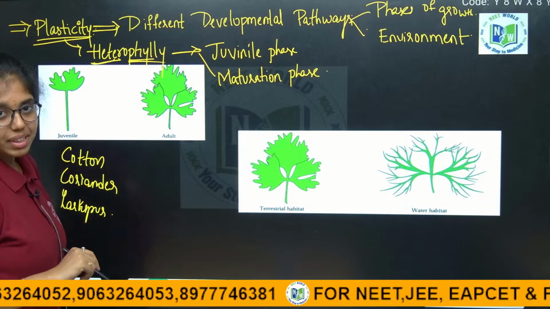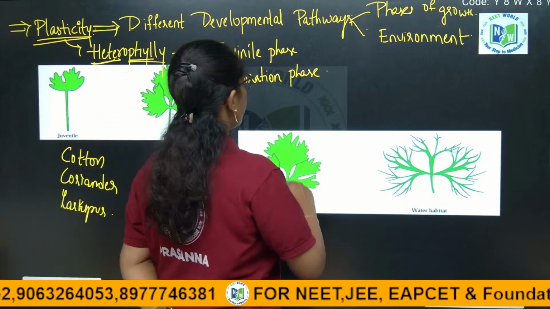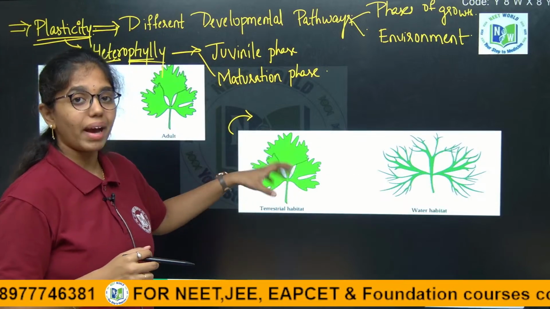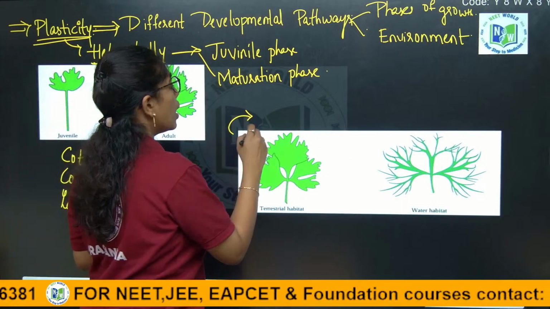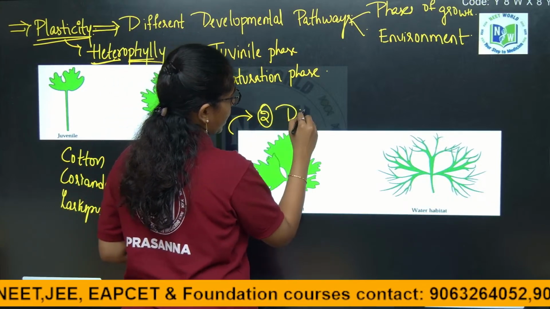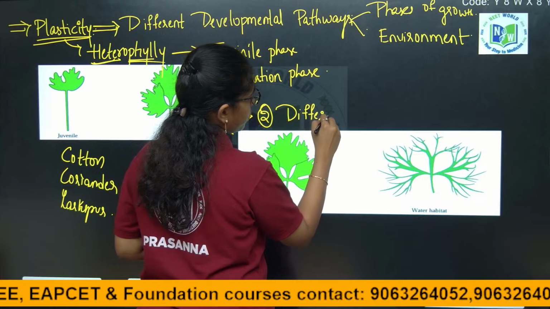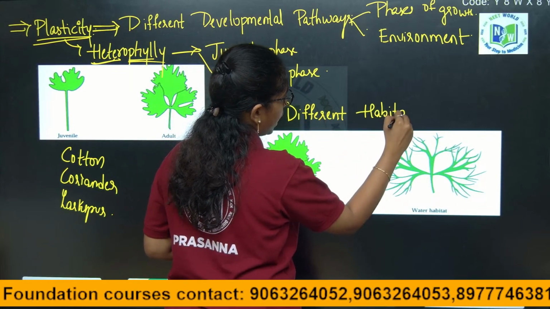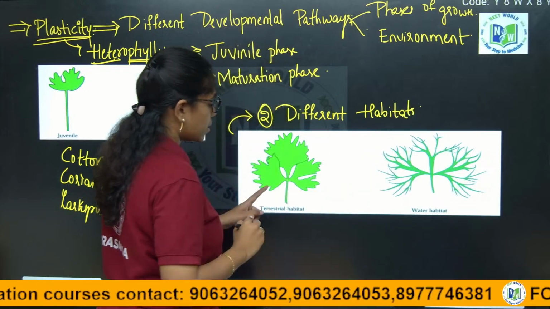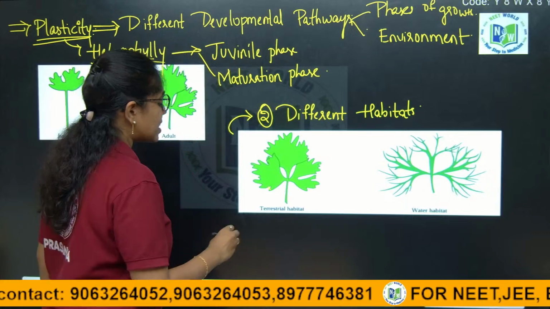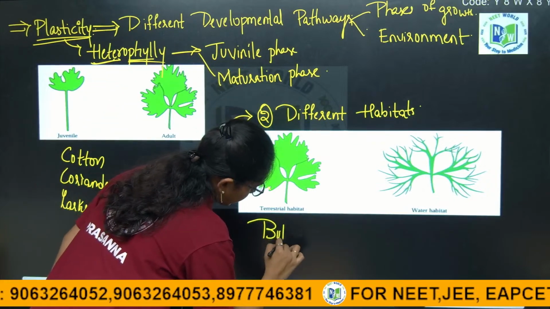One more example is where different leaf structures are shown by the same type of plant in two different habitats, one in a terrestrial habitat and the other in a water habitat. The best example is buttercup.